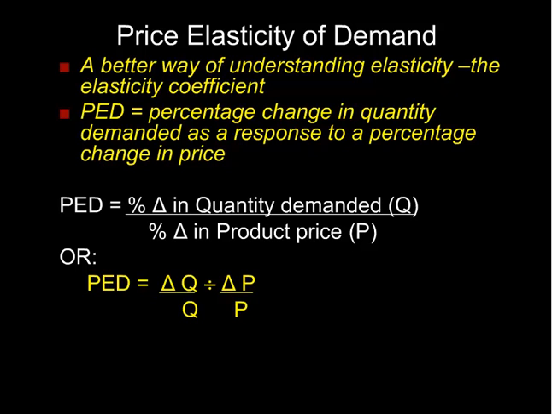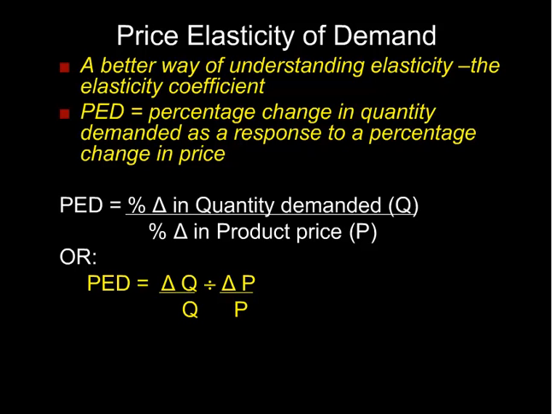A much better way of understanding elasticity is the elasticity coefficient, and we measure that in terms of the percentage change in the quantity demanded as a response to the percentage change in the price. As you can see, that is the percentage change in quantity demanded Q over the percentage change in product price, where the triangle represents change in.